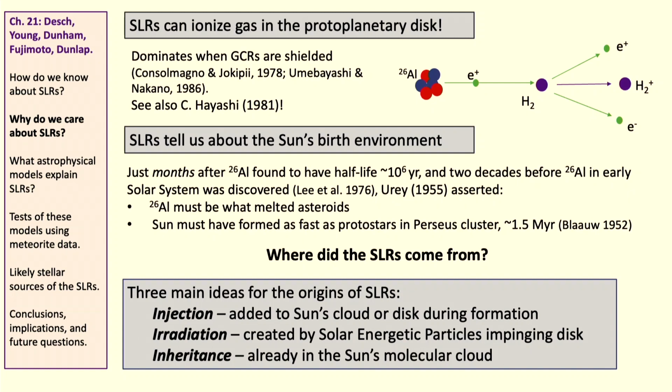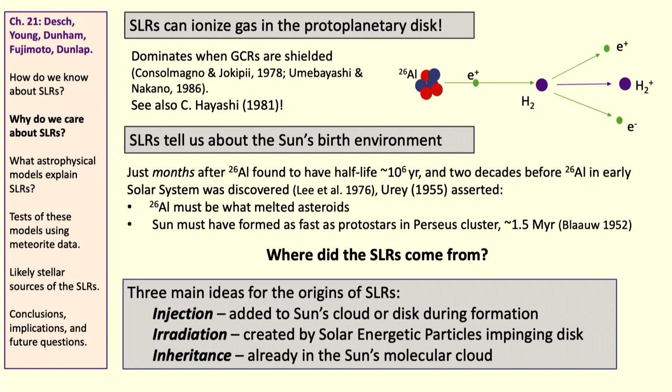There are 3 main ideas for the origins of short-lived radionuclides. One is that they could be injected into the sun's molecular cloud or disk at some point in time, or they could be produced in the disk by solar energetic particles hitting nuclei and transmuting them. And it's also possible that they were in the molecular cloud to begin with. I call these injection, irradiation, and inheritance.